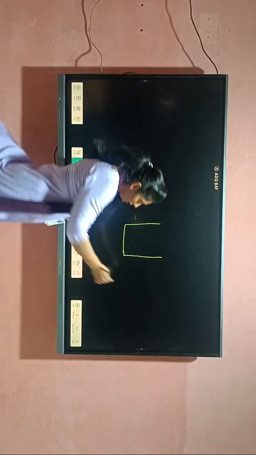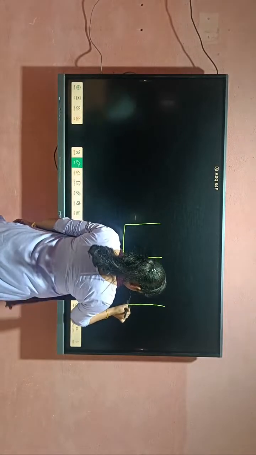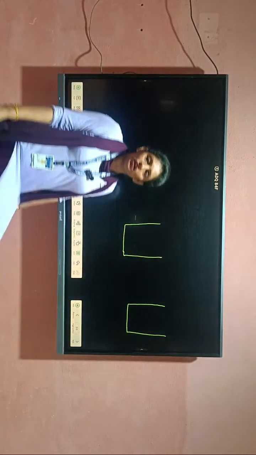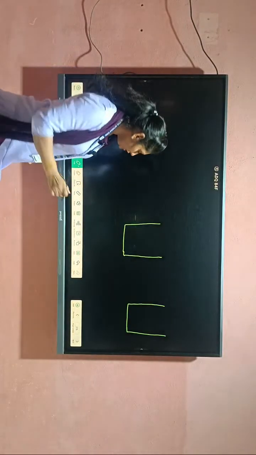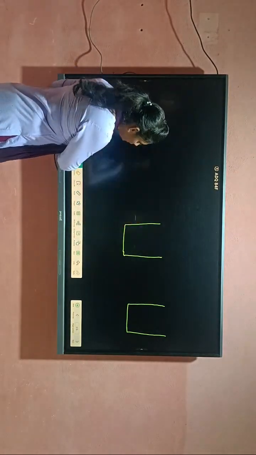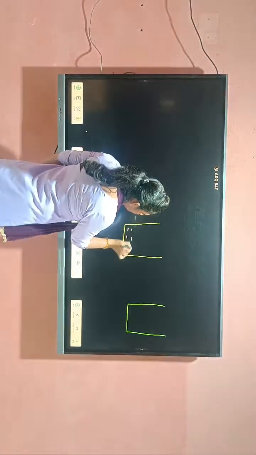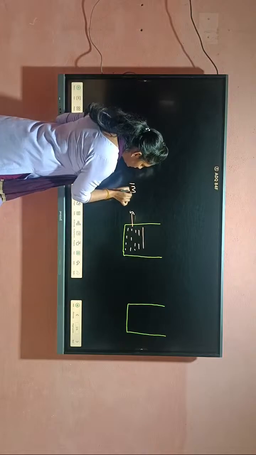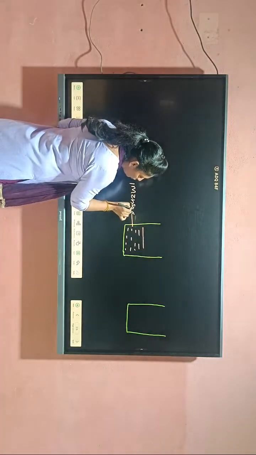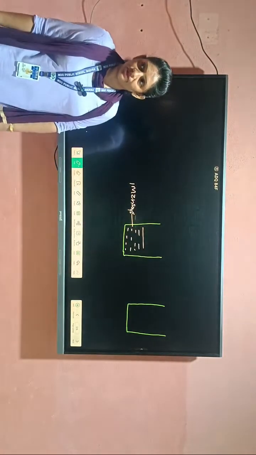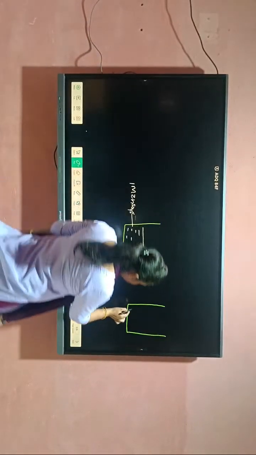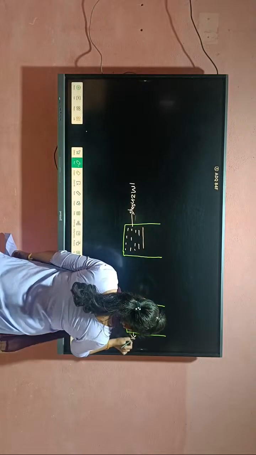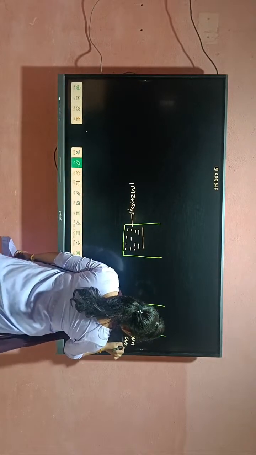In one container, we will fill 1 molar zinc sulfate, and in the second container, we will fill 1 molar copper sulfate.